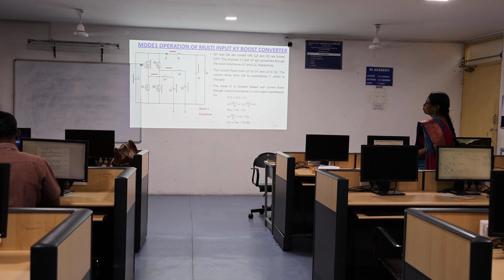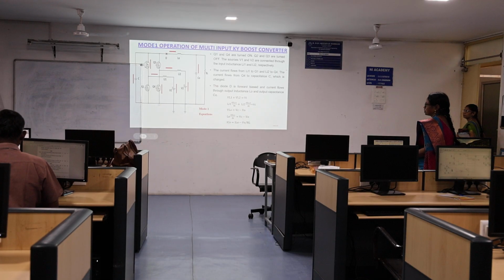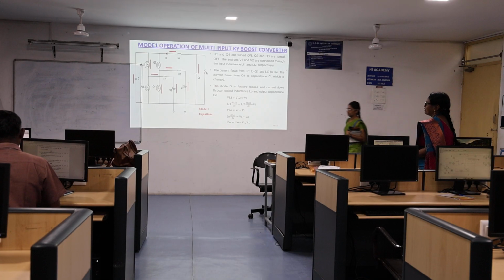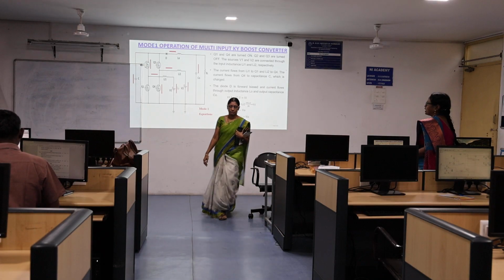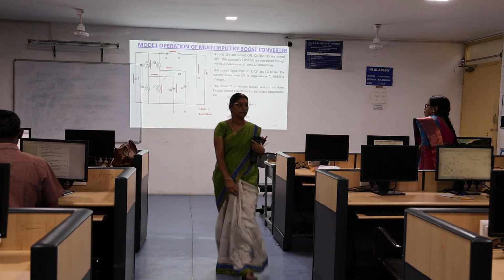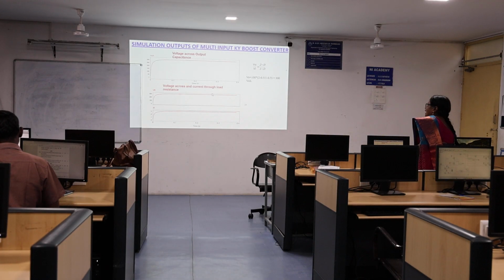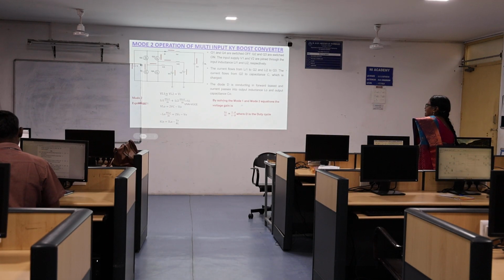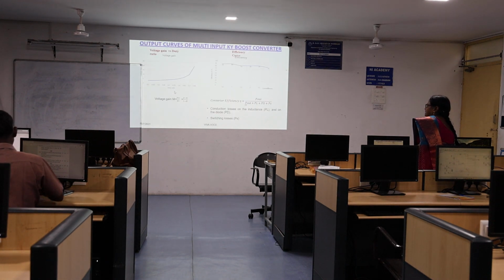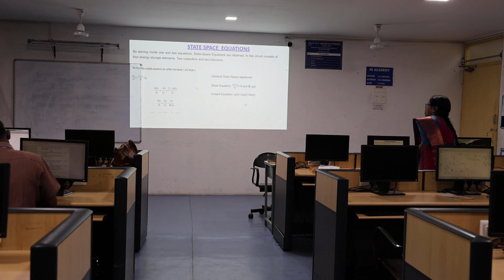We have seen it with only two switches, but here we use four switches to connect the two inputs, V1 and V2. Two input sources have been taken into account. We are solving the mode equations, and here we consider the current flowing through the inductor and the voltage across the capacitor only.